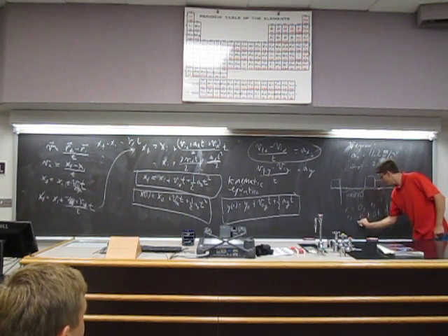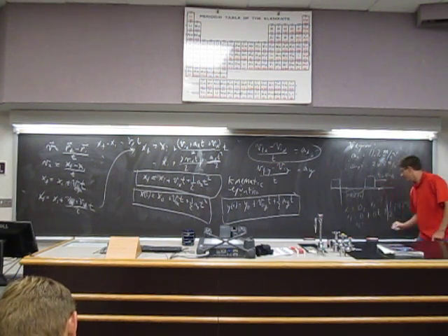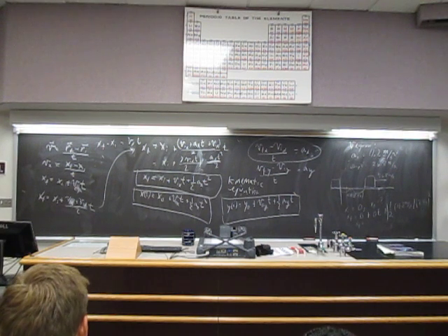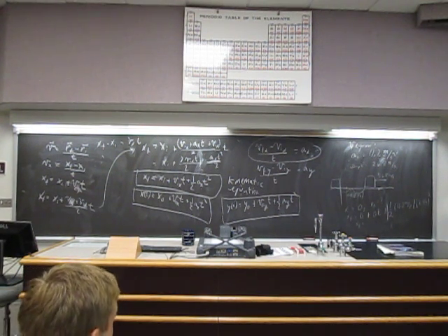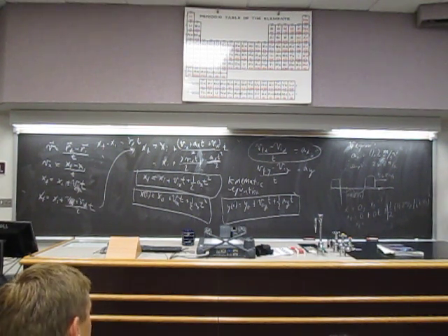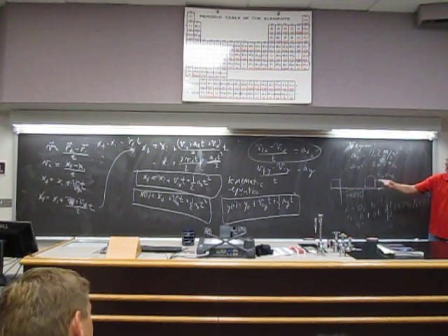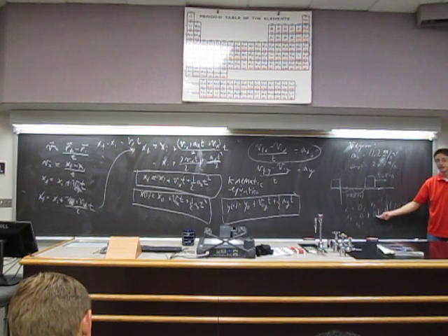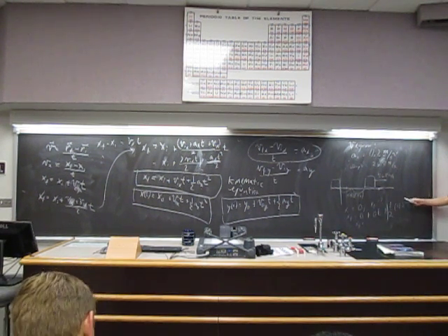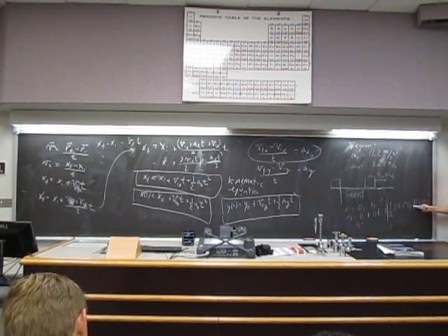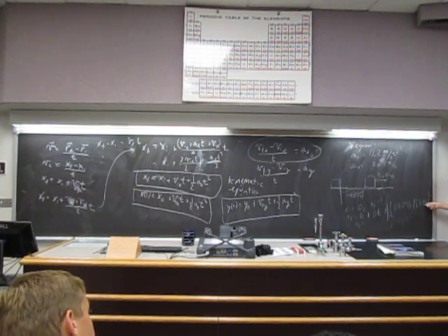If I plug this in, what would I get for the final x position? I just need 1/2 times 11.2 times 2.4 squared. What's that?